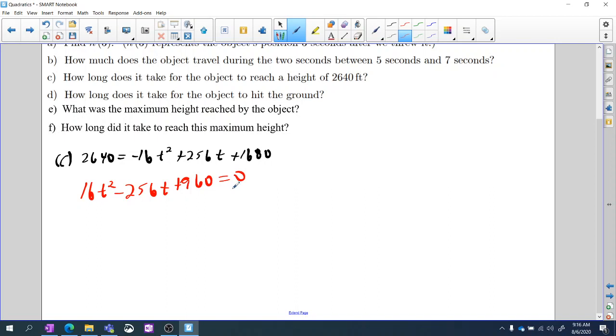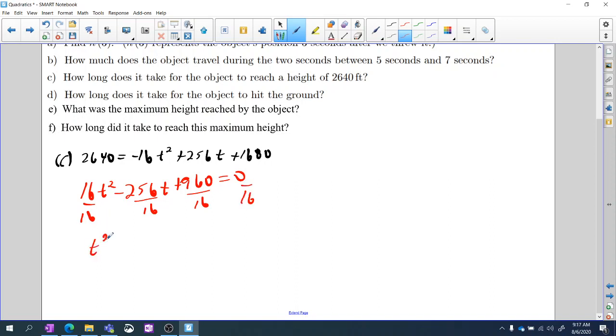The first thing I would do here is check and see if maybe these will all divide by 16. That will really make our life a lot easier. I think it does actually. So 256 divided by 16 is 16, and 960 divided by 16 is 60. So perfect. I'm going to divide the left side and the right side all by 16.